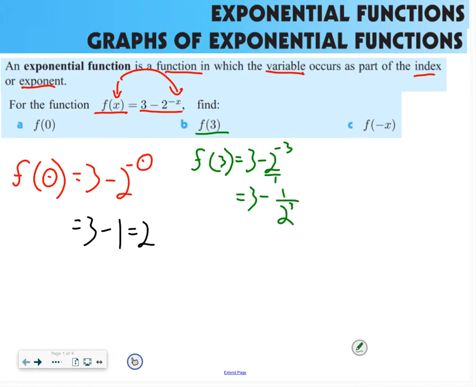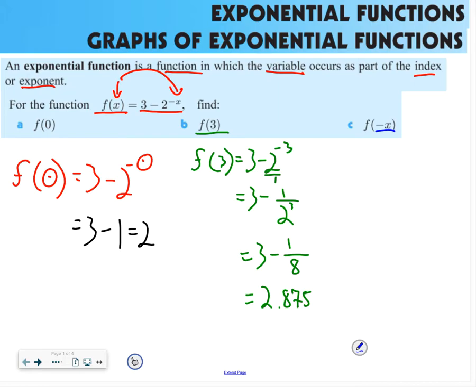Simplifying some more, 2 to the third is 8, so 3 minus 1/8, I'm going to get a decimal of 2.875.